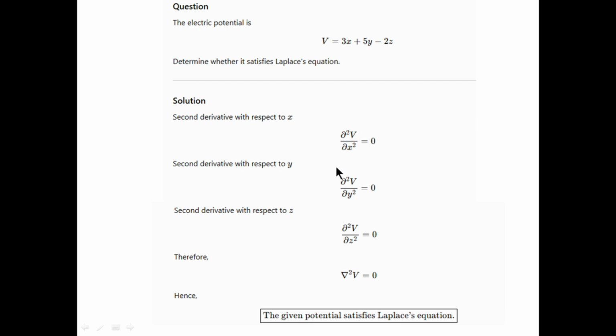When we add all these values we get the Laplace operator, that is ∇²V = 0, so this potential V = 3x + 5y − 2z satisfies the Laplace equation.